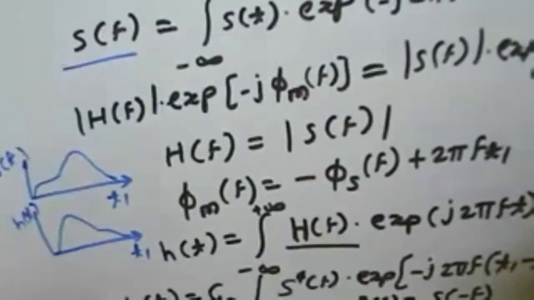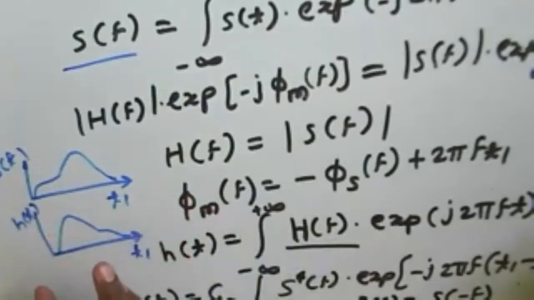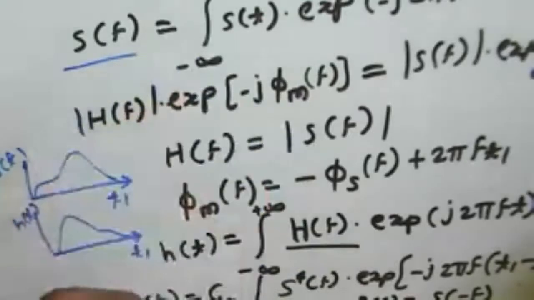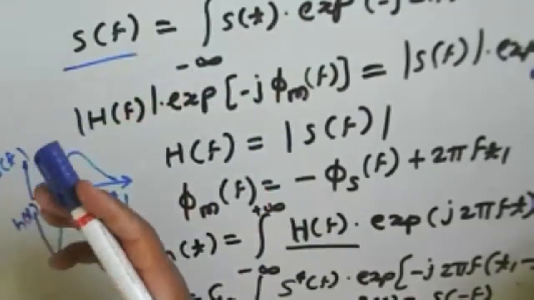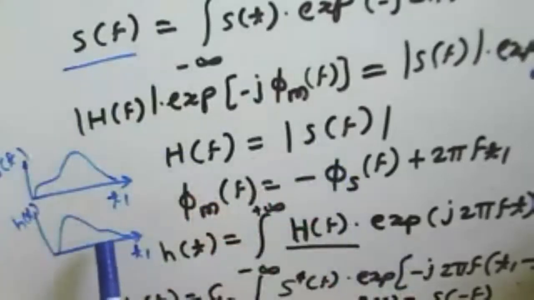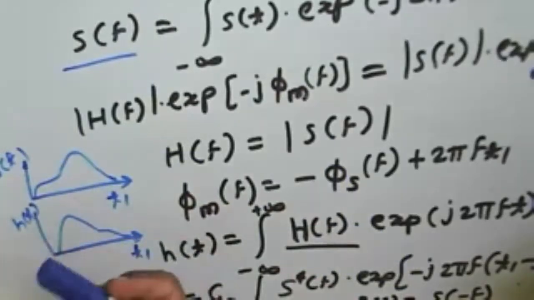So there is a difference in terms of timing, because the impulse response of the matched filter, h of t here, will be the image of the received waveform. But there is a difference in the starting time. So we can say this is a replica, but there is a difference in terms of starting time.